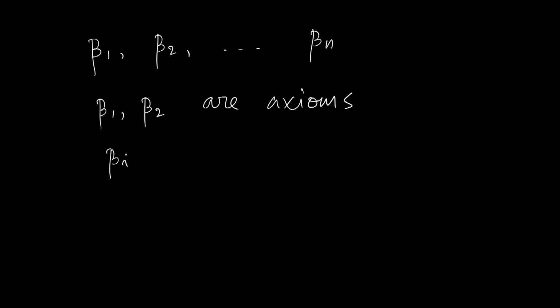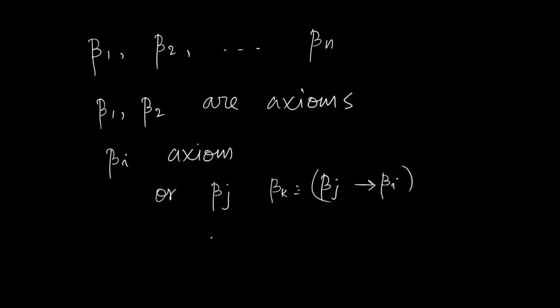Any beta i is either an axiom or is obtained by some beta j, and beta k which is beta j implies beta i. These 2 together will provide beta i. So every statement is obtainable in this manner. Such a sequence of well-formed formulae is called a proof.